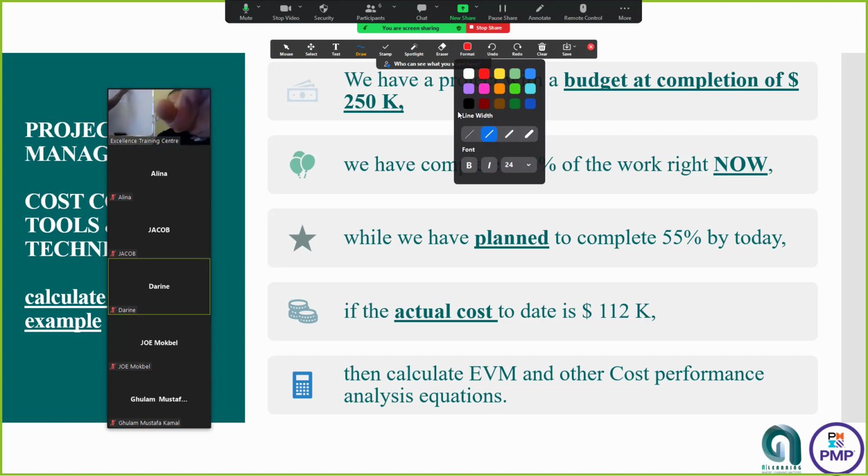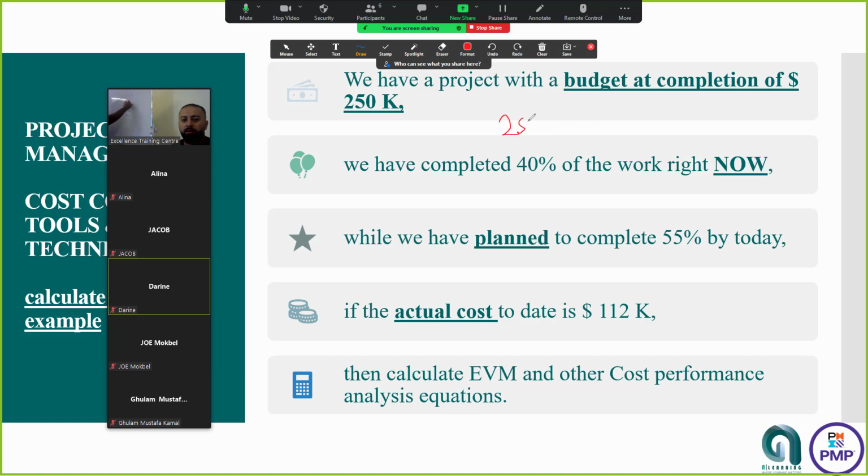So 250K is the total, and we have completed 40%. So according to the 40%, if we take 40% of 250K, it is 100K. So the planned cost for this 40% is 100K.